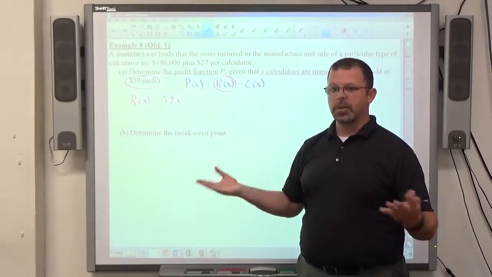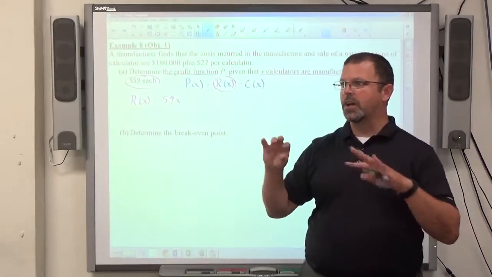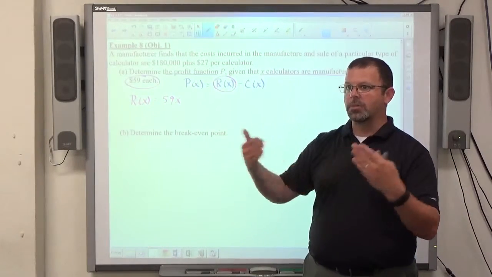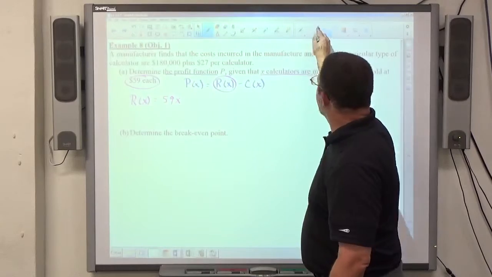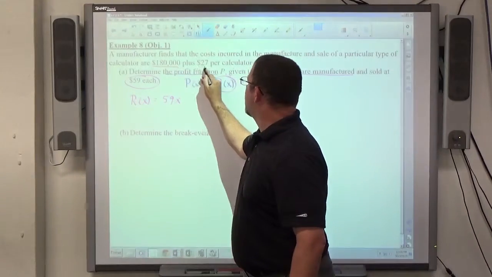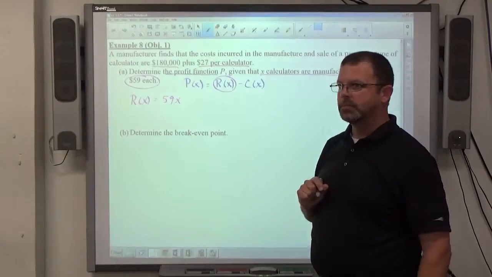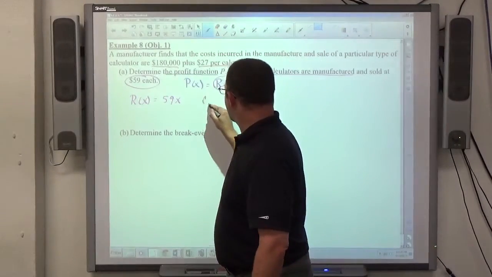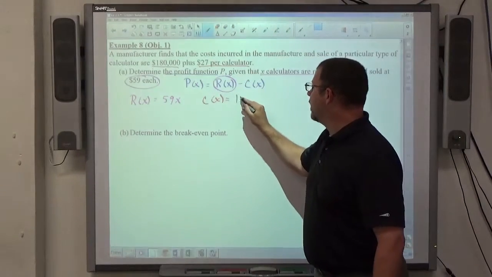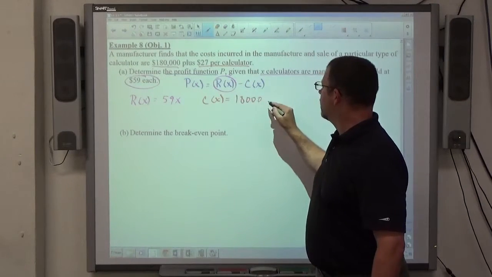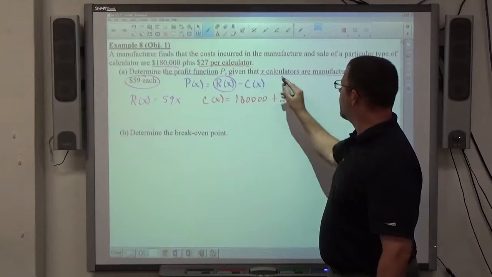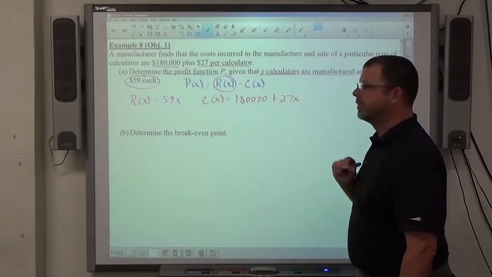The materials, the plastic and the silicon and all the computer chips needed are going to cost me per unit. So you can see here that the fixed cost is $180,000 plus $27 for every calculator I make. So the cost function in this case is going to come down to those things. It's going to cost me $180,000 plus $27 for every calculator I make, of which I'm making, again, X calculators.